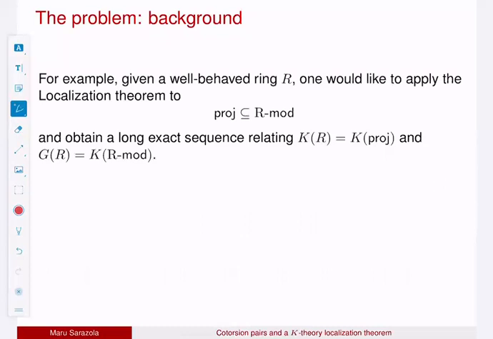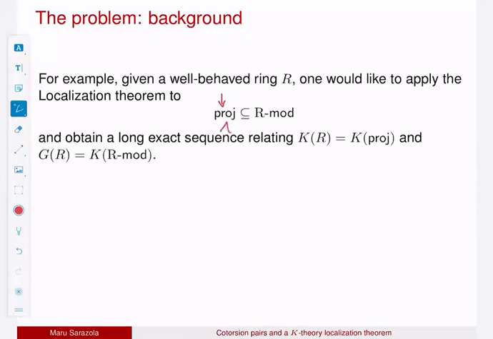And like I was saying, one of the very important exact categories is this proj, the category of projective R modules. So we might say, okay, now let's try to apply our localization theorem to proj. And what inclusion do we have that involves proj? Well, proj is included into all our modules.